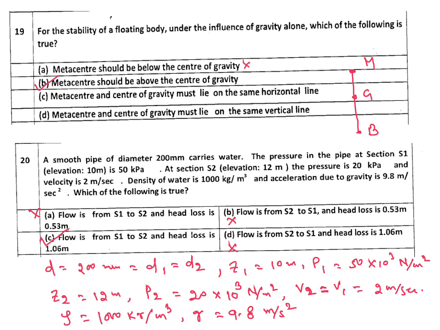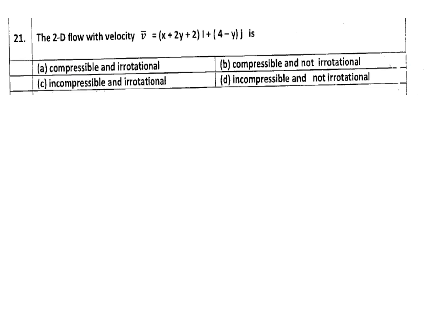The two dimensional flow with velocity V equal to (x plus 2y plus 2) i cap plus (4 minus y) j cap is compressible and irrotational, we have to check. This one already discussed. For incompressible, del dot V is 0, and for irrotational, del cross V equal to 0.